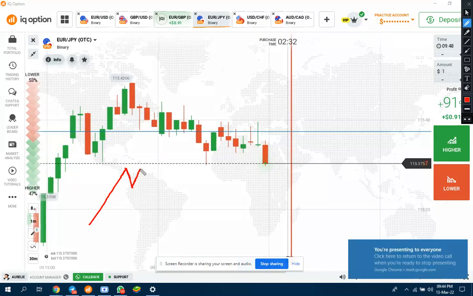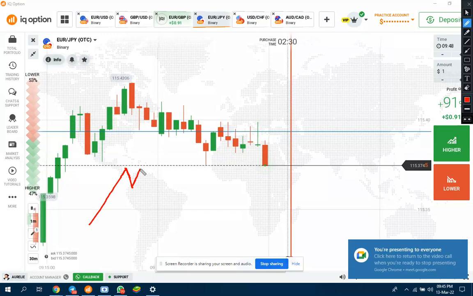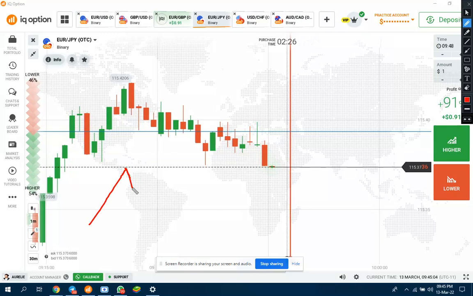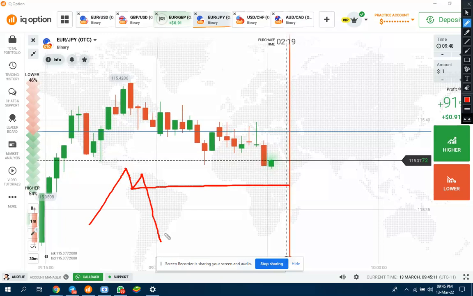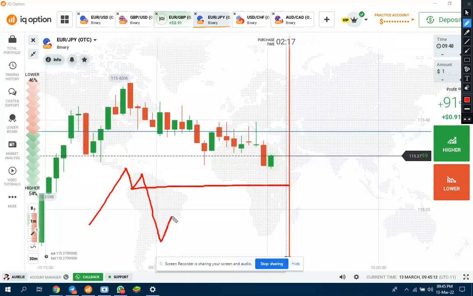Up, down, up again, not up to this level, then break. So here we have the key level.